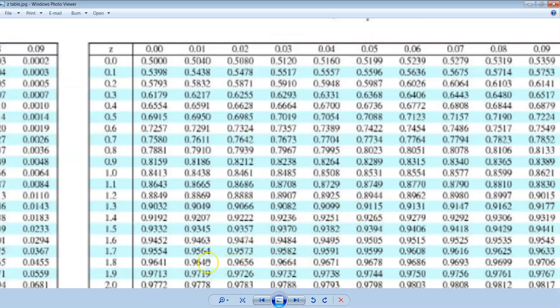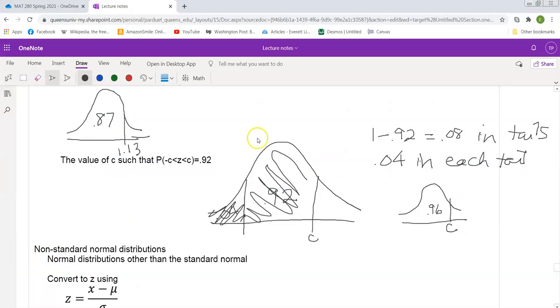The closest thing is 0.9599, which is 1.75. So our answer is 1.75. And then this value over here to the left would be negative 1.75. But these are the same, it's just one's negative and the other one's positive. So it's fine to just state the positive one.